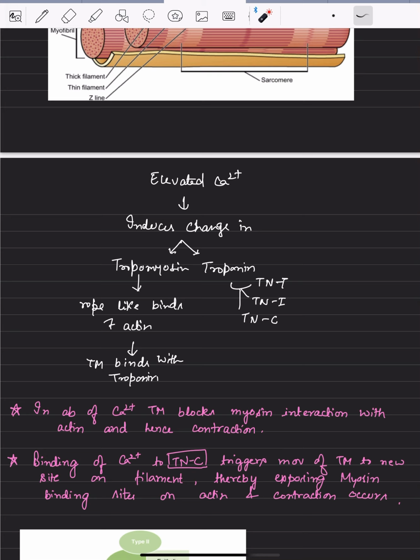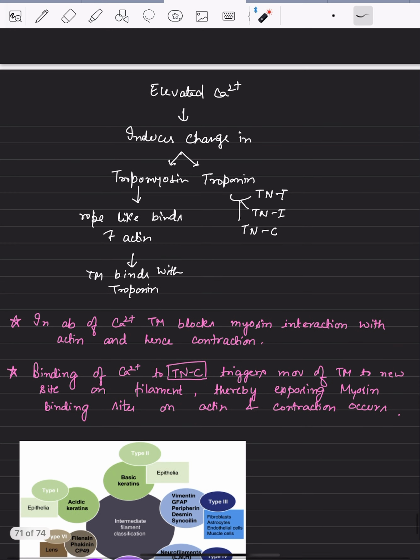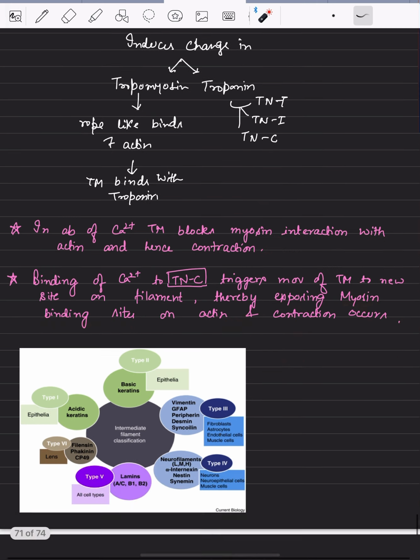And if calcium binds with troponin C, it triggers the movement of tropomyosin to a new site on the filament, and as it moves, it will expose the myosin binding site on actin, and hence the contraction will take place.